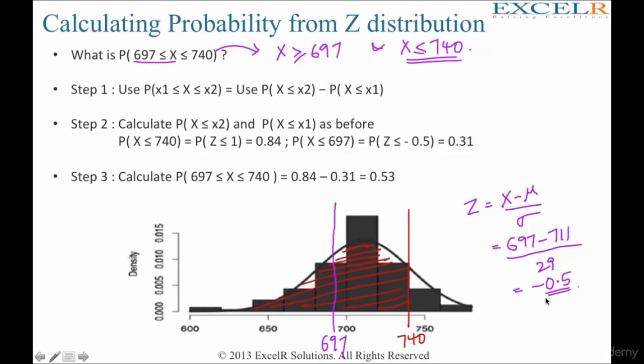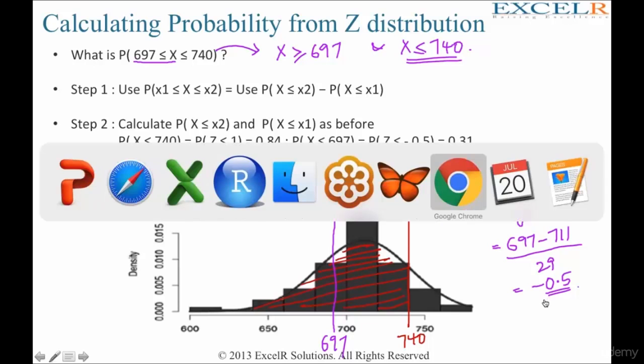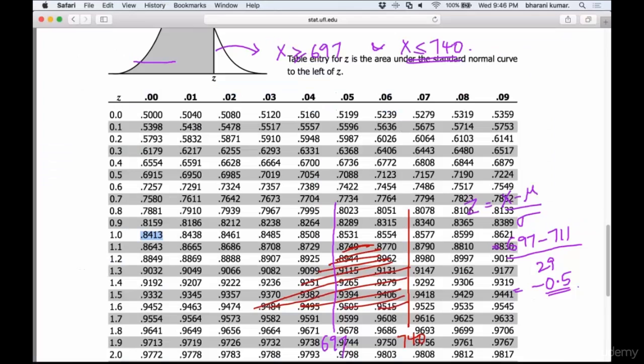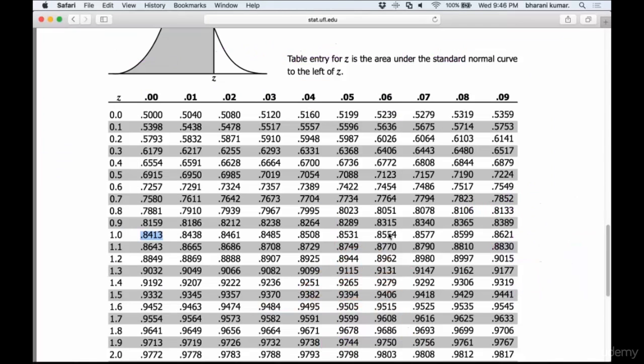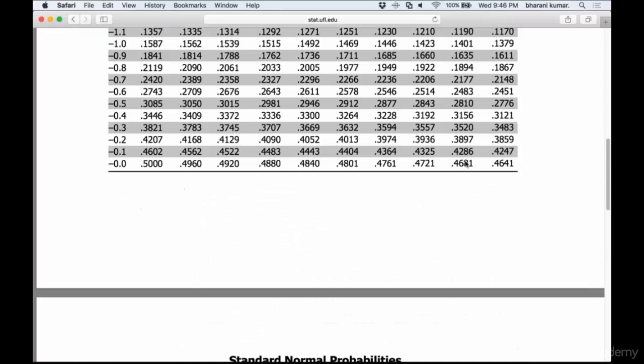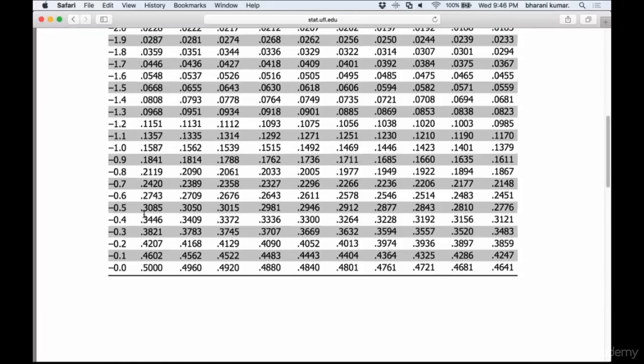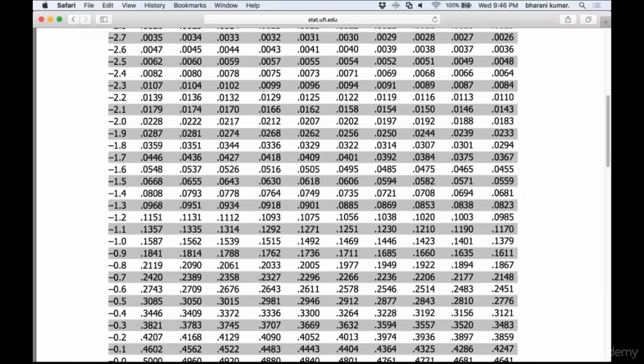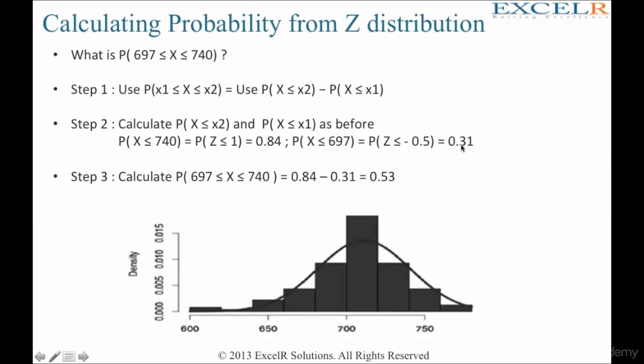And you can go to the z table and quickly calculate for minus 0.5. For minus 0.5, the value happens to be roughly 0.31. If you round it off, it is 0.31, and that is the value given here.